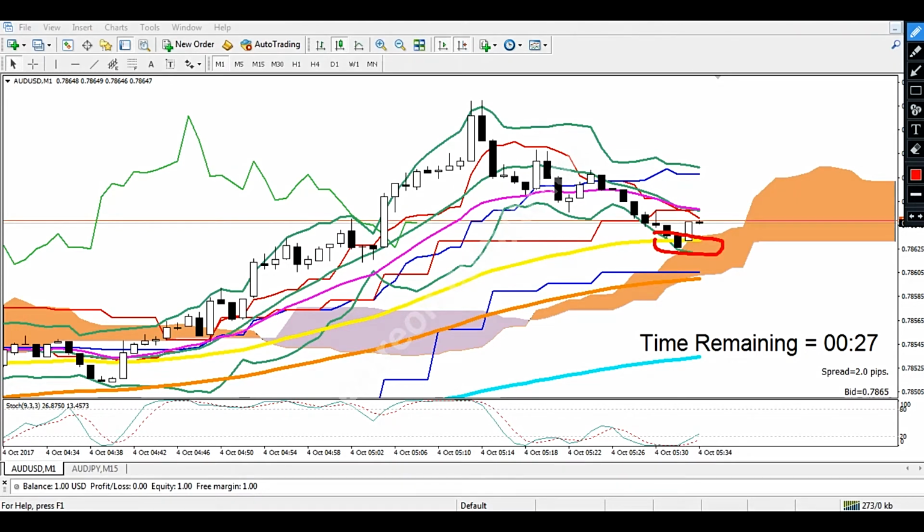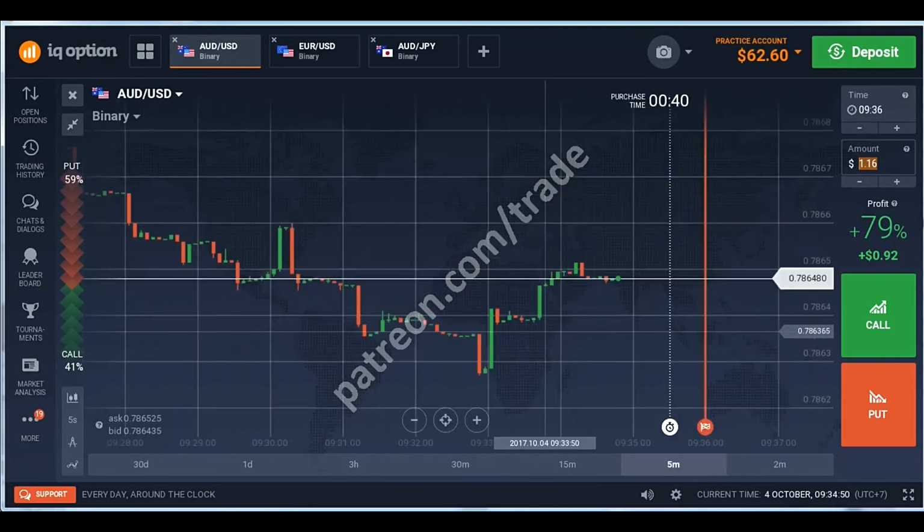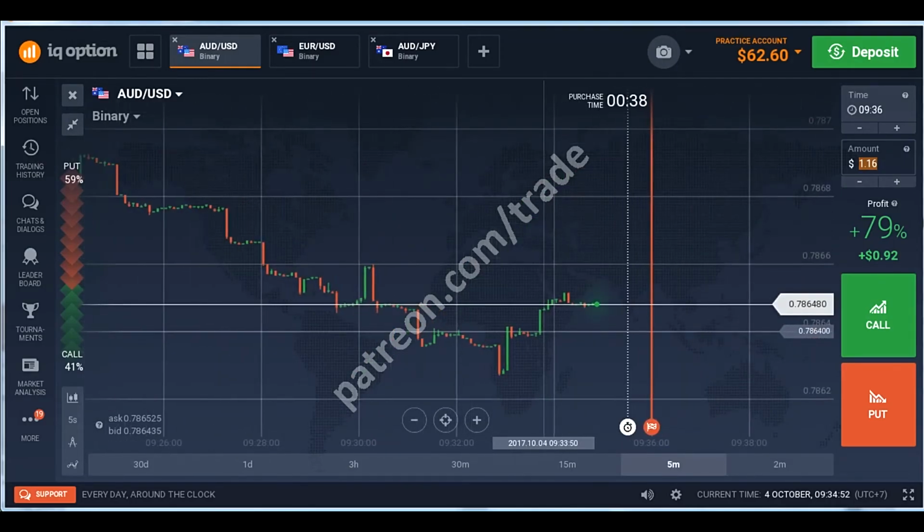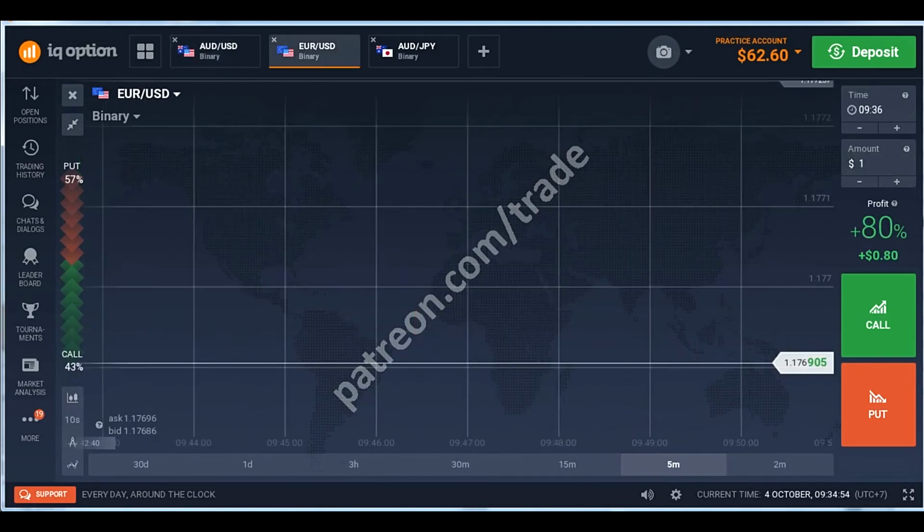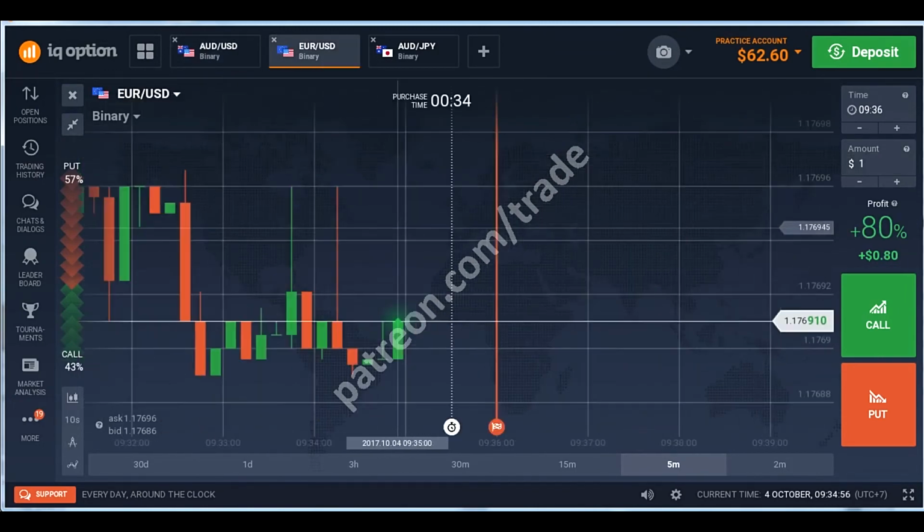In the 1-minute time frame they also touch this moving average 60. So that's how we enter on this kind of trade. It's actually still a very slow market, so I wouldn't trade further around here.